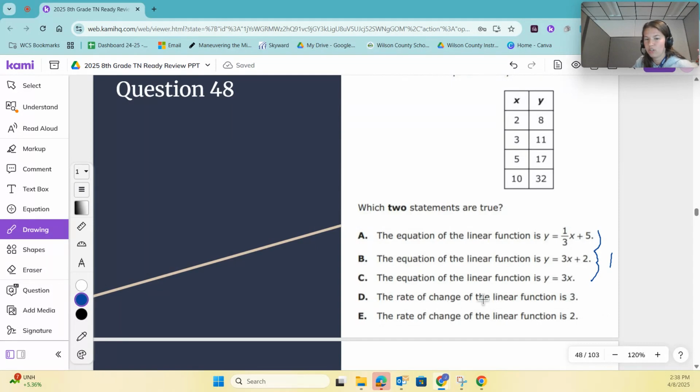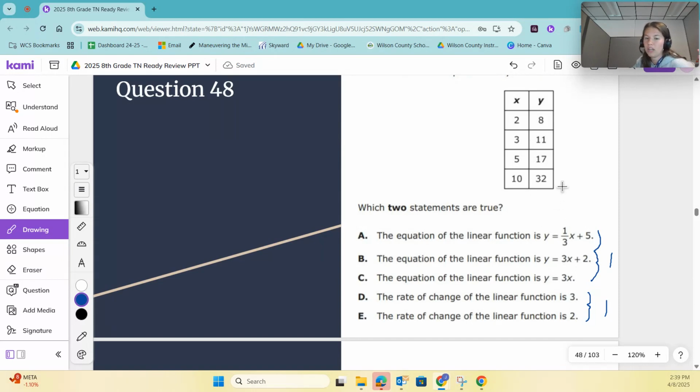And this one says the rate of change is 3, the rate of change is 2. Well, if it's 3, it can't also be 2, so there's only one of these. So that can kind of help you figure out a little bit, you know, D or E is probably going to be correct, and then A, B, or C is going to be correct because we need two correct answers.